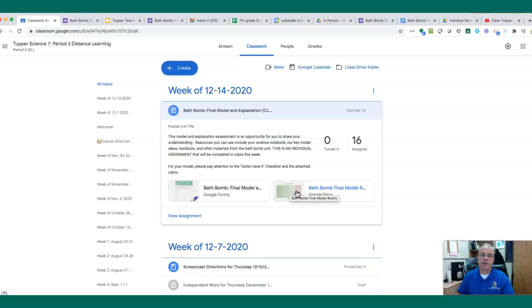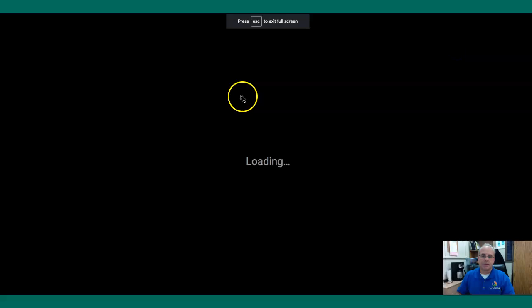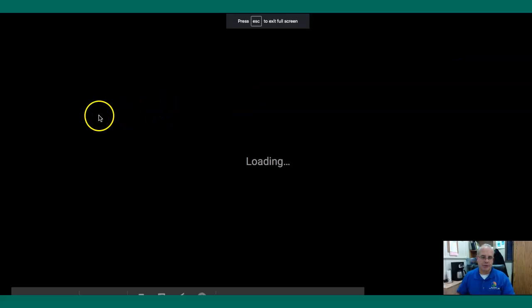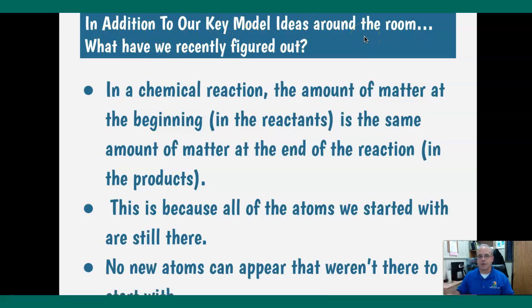Okay, so before we open this, I'm going to give you a quick review of some of the things we've thought about. Last week when we were together, we learned some new things. In addition to our key model ideas all around the room and in your notebook, we recently figured out chemical reaction. We added that word to our vocabulary.